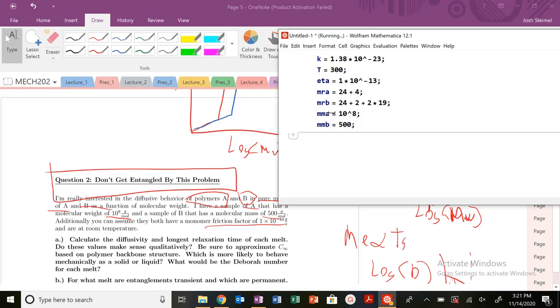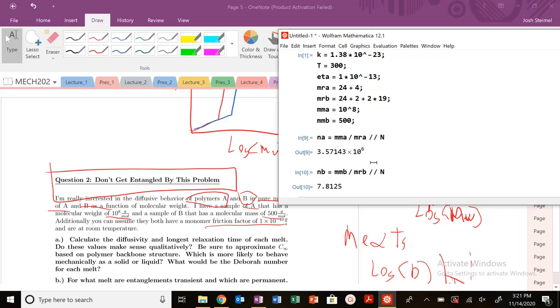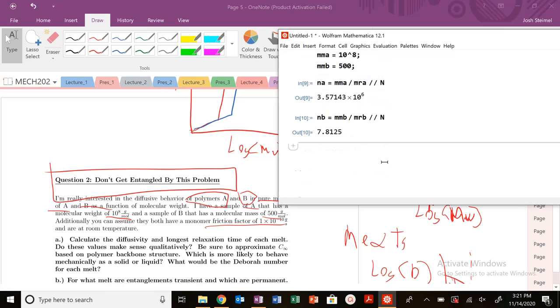I need to figure out also my NA, which is going to be equal to my molar mass of A divided by MRA. What about my B? NB is going to be equal to MMB over MRB. That's the number of repeat units, my degree of polymerization.